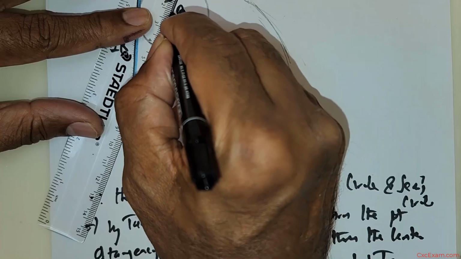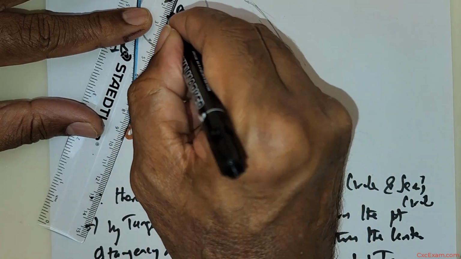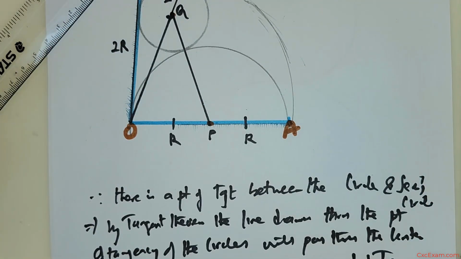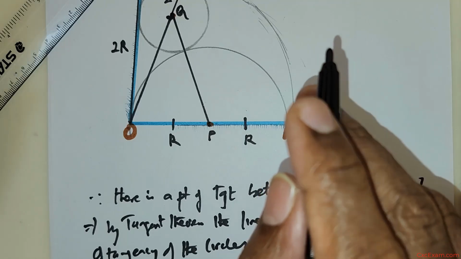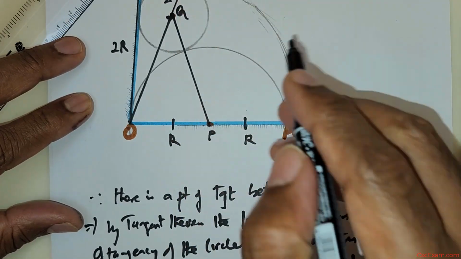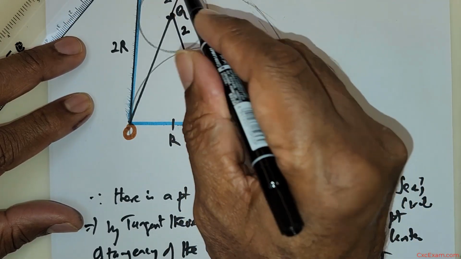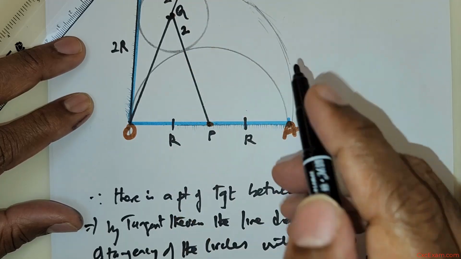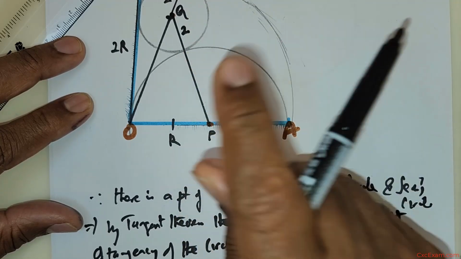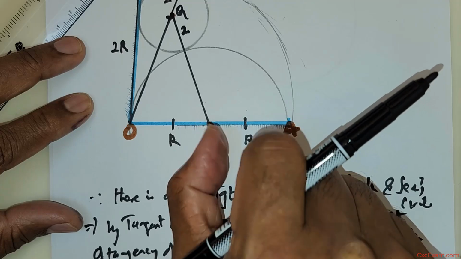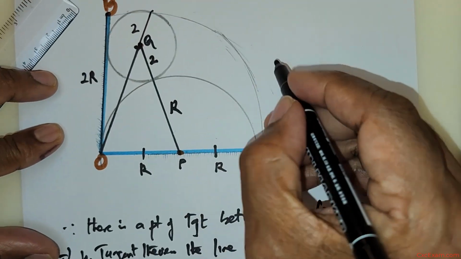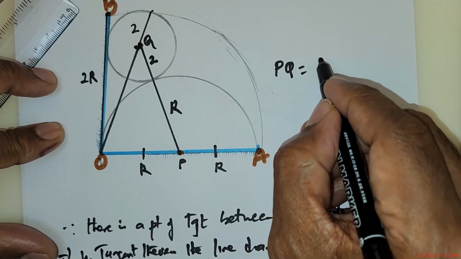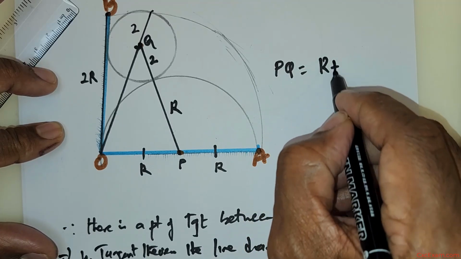So I will actually complete it. So we have a triangle that has been created. Okay, so clearly this distance is 2 units. This distance is the radius of the quarter circle. So this distance is going to be R. So PQ is going to be R plus 2.